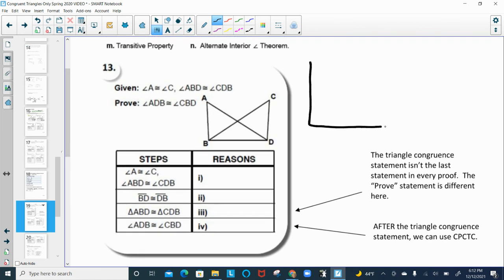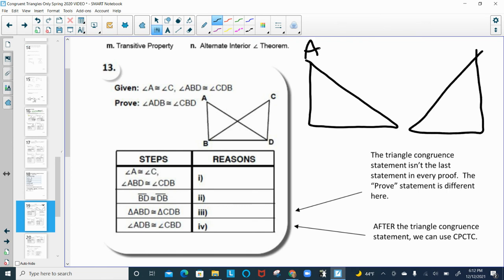Hopefully you can see here in the picture, this is problem 13, that your triangles are overlapping. Let me label C, B, D. Okay, and I prefer to draw them out separately because it's easier to see. So they say A is congruent to C, and they say that angle ABD, let's find that angle ABD, is congruent to angle CDB.